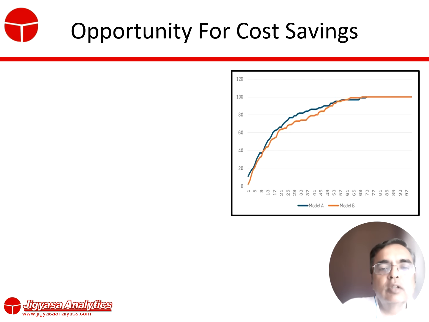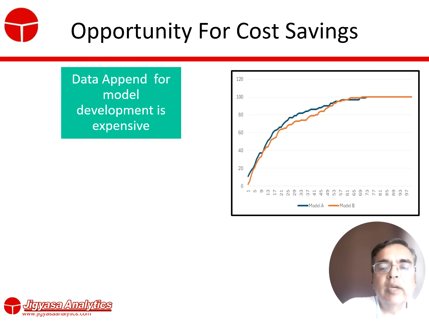So data append for model development can be an expensive proposition. For a marketing model, you have to do historical append for demographic data, which can add up. And then for financial services, credit risk model, where you have to go to a financial bureau, the bill can be really expensive.